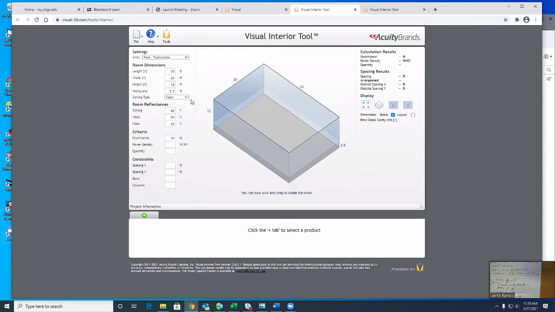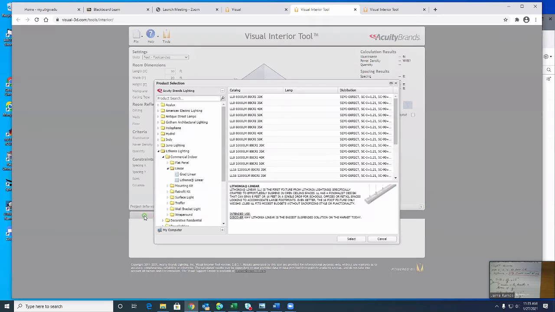So then let's look at the lamps. Now click on the plus sign here on the left. And then this is the library of lamps according to manufacturers. So I chose Lithonia.